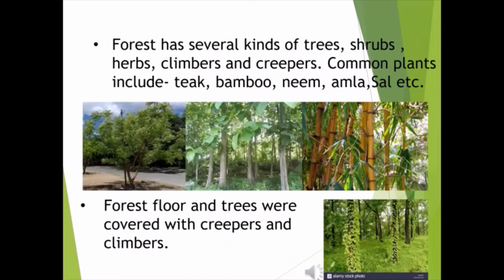Besides animals, forest has several kinds of trees, shrubs, herbs, climbers and creepers. Some of the common plants include teak, bamboo, neem, amla, sal, etc. The forest floor and some of the trees are covered with creepers and climbers.